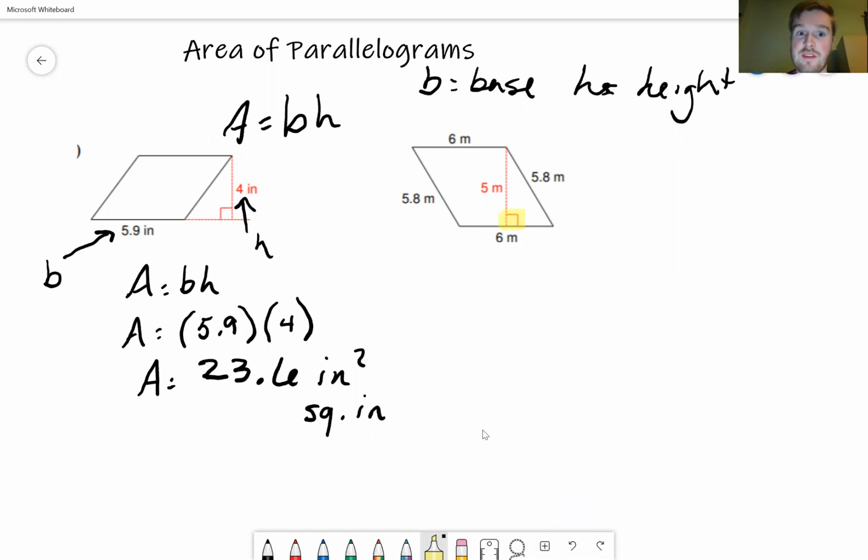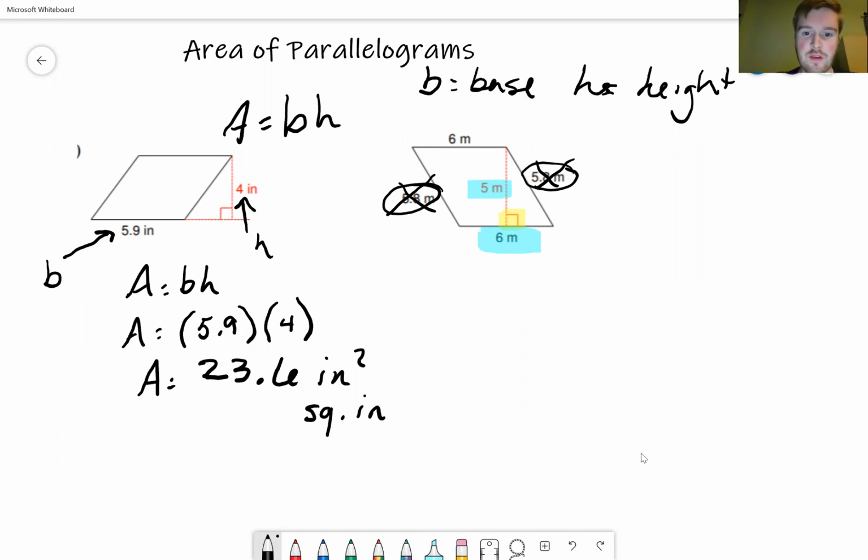You guys should know what that means. It's a 90-degree angle, right? That's a right angle. Any time you see that 90-degree symbol, that will be connecting the base of that shape to its height. All right, so it tells me 6 and 5 are the base and height for this particular parallelogram. Now you may be asking, well, what about these 5.8s out here on the side? They're not needed. That's just extra information there to throw you guys off.